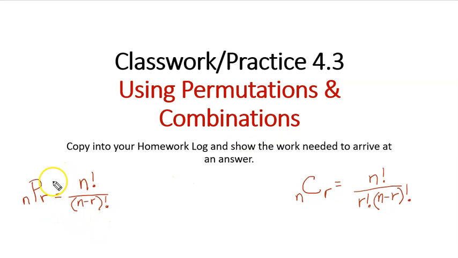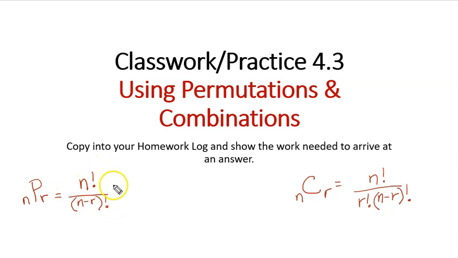So the rule for permutation is the number of items you're dealing with, permutated. You're going to select r out of this total n, and in a sense it would be n factorial, but now divided by the difference of n minus r, factorial.